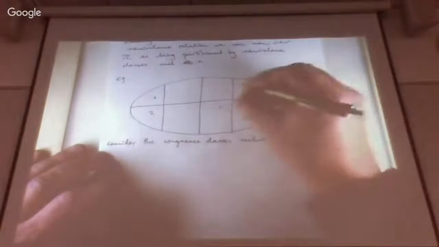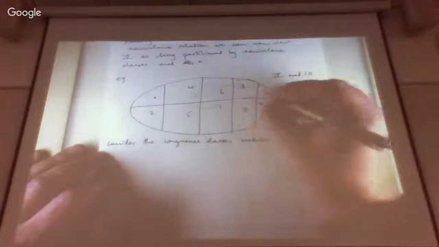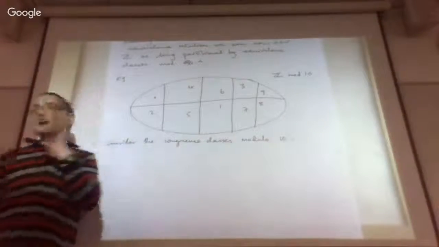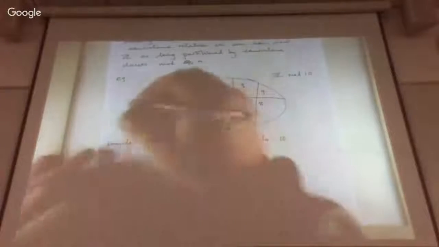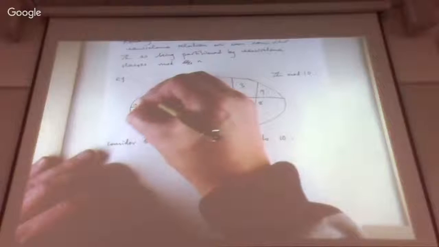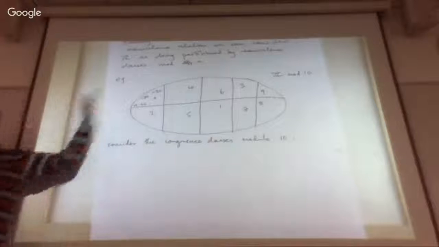Now, straight away, we can know where some of the integers lie. The integers 0 through 9 will all lie in different congruence classes, and you can start to fill in some of the other members here. 10 will be here, 20 will be here, minus 30 will be here, minus 70 will be here. You can't complete this picture; there's an infinite number of integers around.